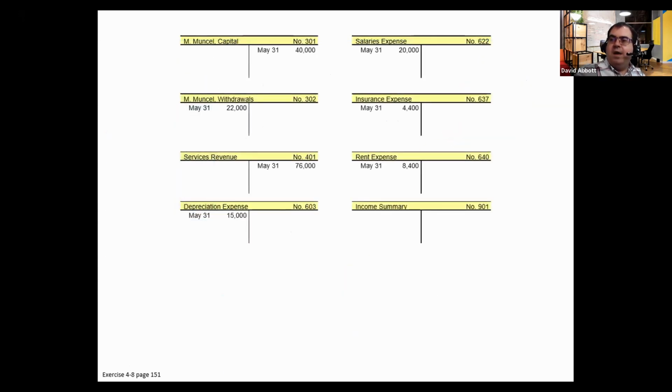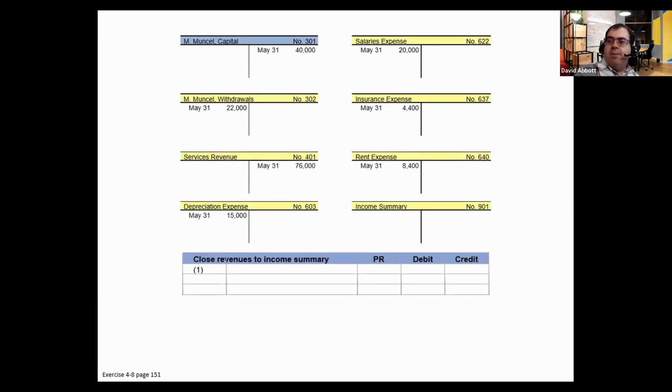Okay, so that's the process that we've been following. The first one, following that process. And again, it's important that you do it in that order just so that you don't get confused about what's going on. So the first thing is to close revenue. So we have service revenue $76,000, and then we have the income summary of $76,000.